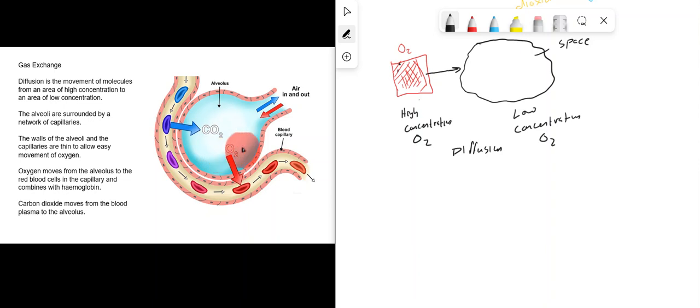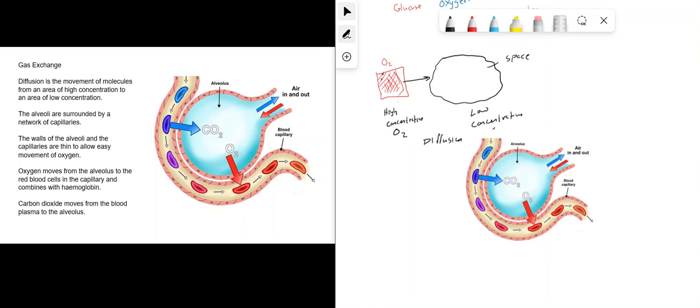So for example, what you will get is, let's say in this space here, from here all along here, it's going to be an area of high concentration.